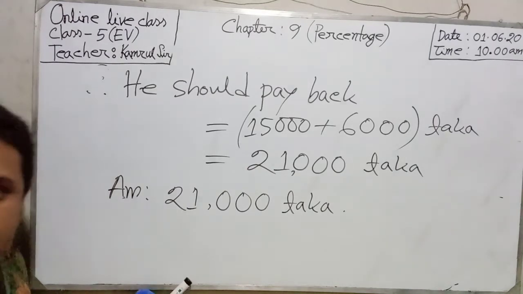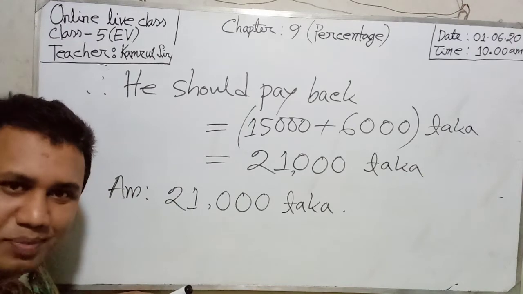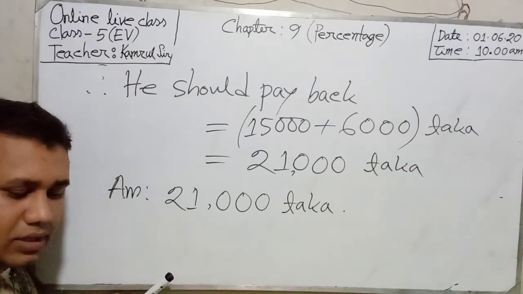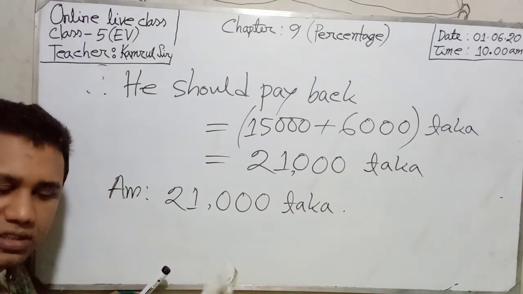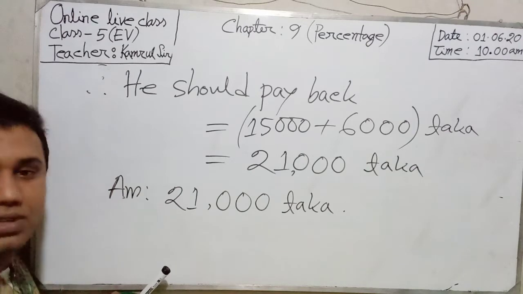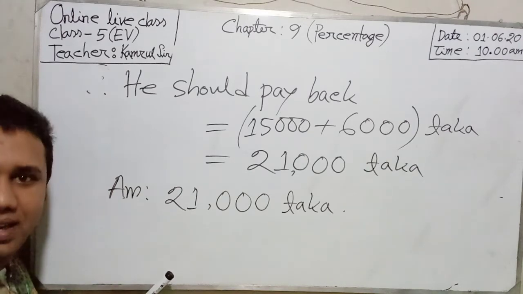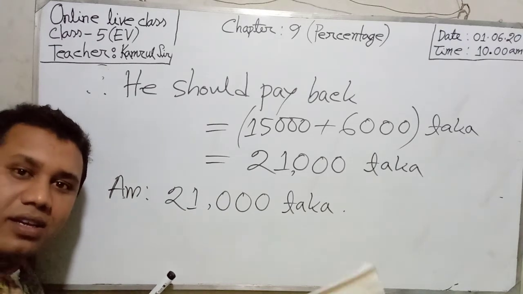Problem number 6. 15,000 taka was borrowed, so this 15,000 is the principal, from a bank, and 98,000 taka was paid back 8 years later. So 8 years indicates time. And we know paid back means principal and interest.